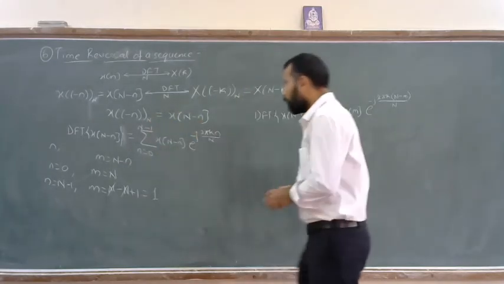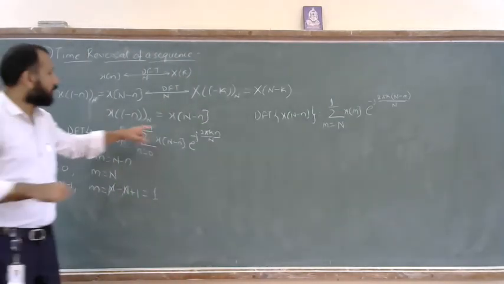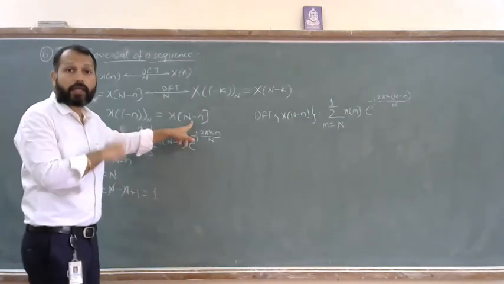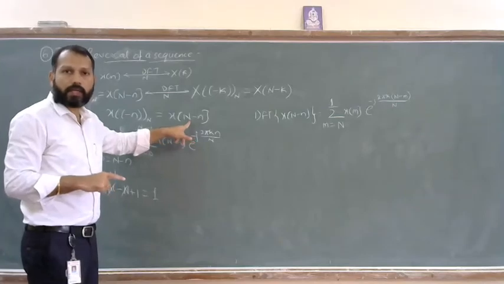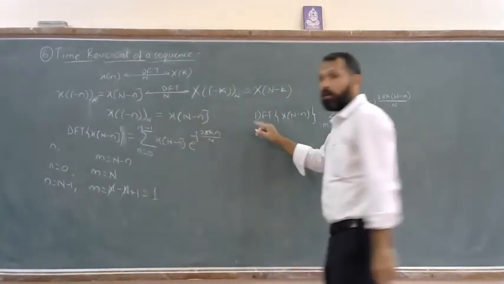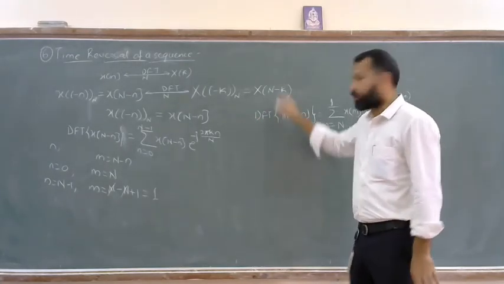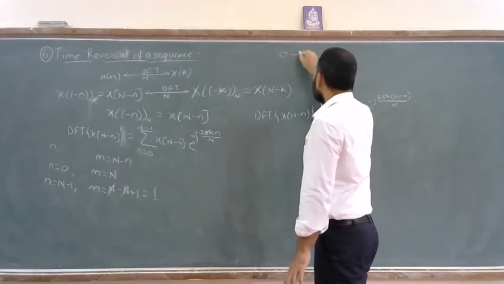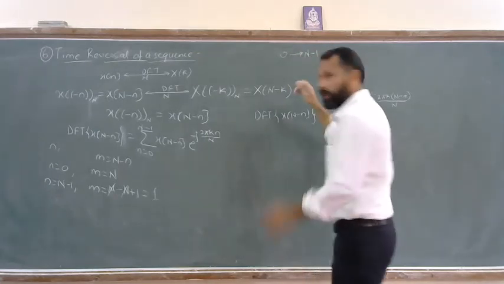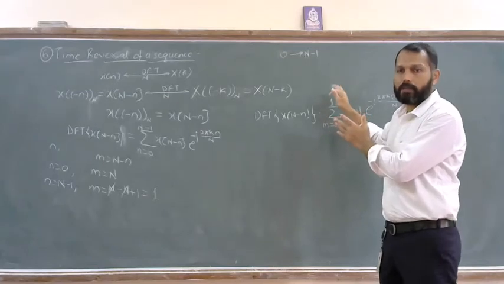Now, the sequence that we consider, x of (N minus n), is circular in nature with capital N number of samples. And its corresponding DFT will be periodic with respect to capital N samples. That is, 0 to N minus 1 are the first period or first set of samples.